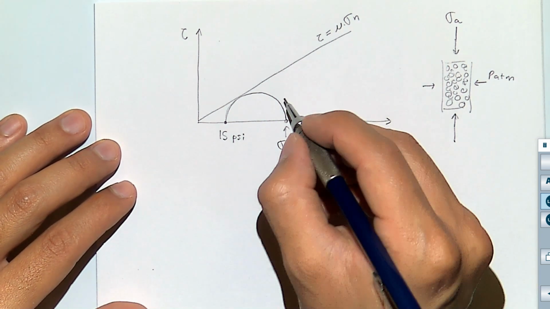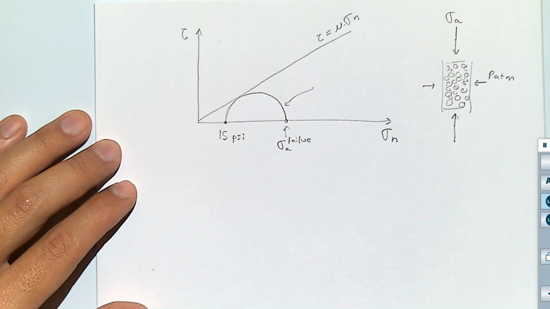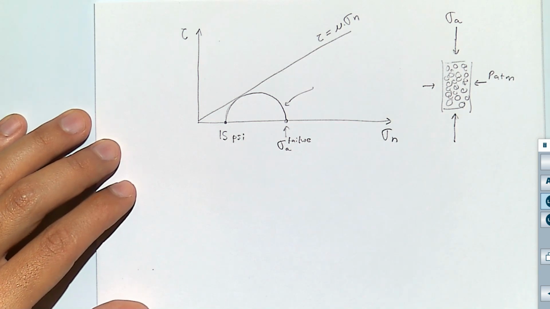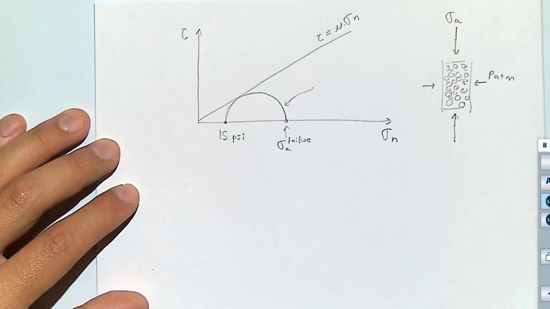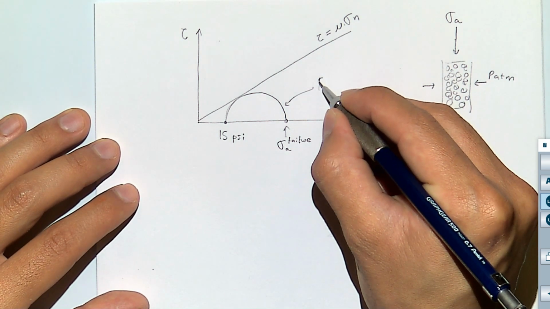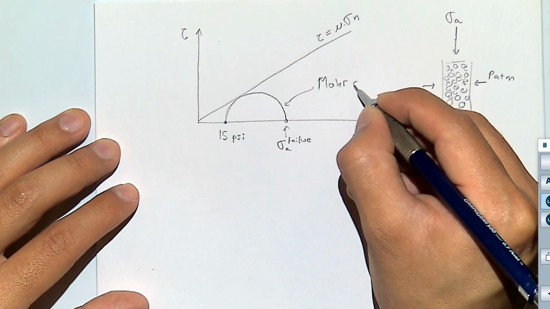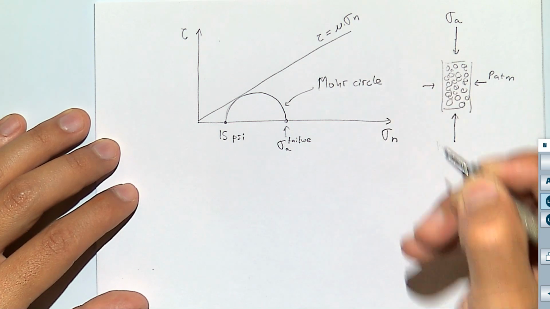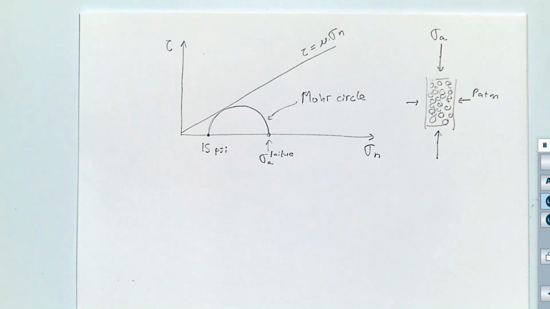What is what I just drew, guys? You remember what this is? What is that circle? It's a Mohr circle. And if you remember, what the Mohr circle does is it represents the state of stresses at different angles.